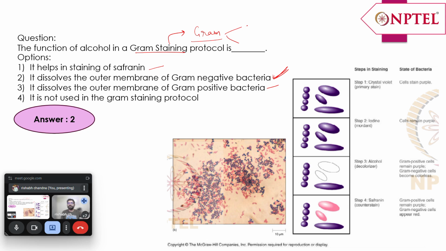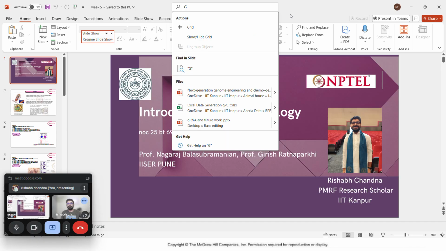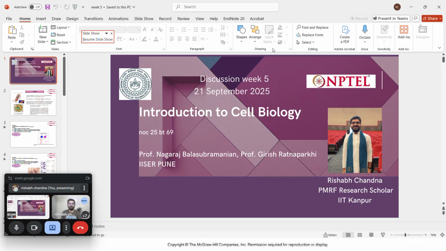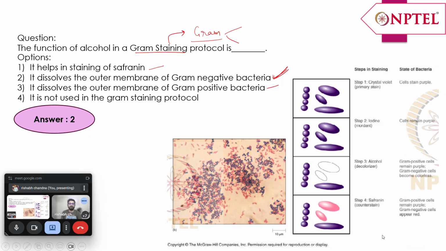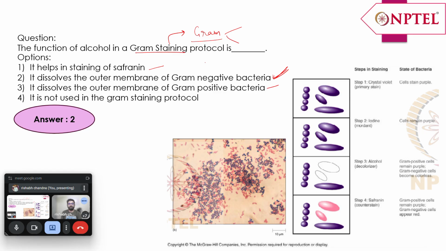So there are two kinds of bacteria after this particular staining: gram positive and gram negative.